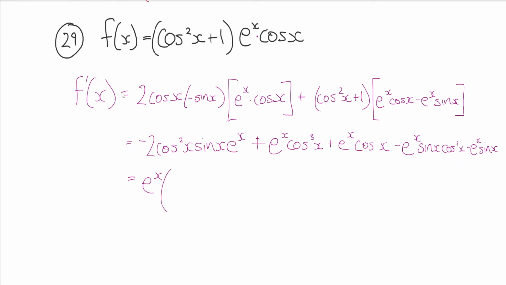Right? So negative 2 sine x cos squared x plus cos cubed x plus just plain old cos x minus sine x cos squared x, which we didn't have anything yet. Oh yeah, we did. Right, earlier we had that. So we can say minus 3 of those.